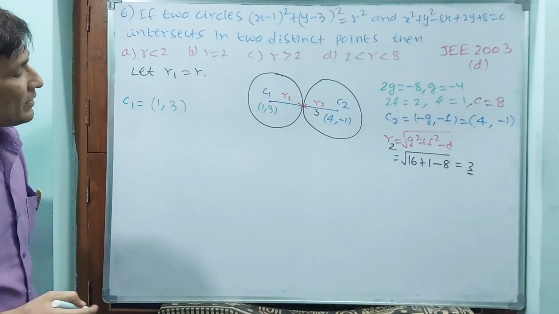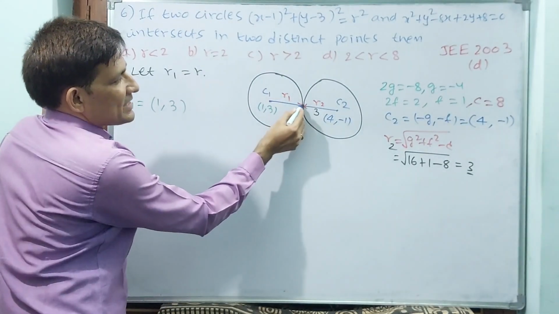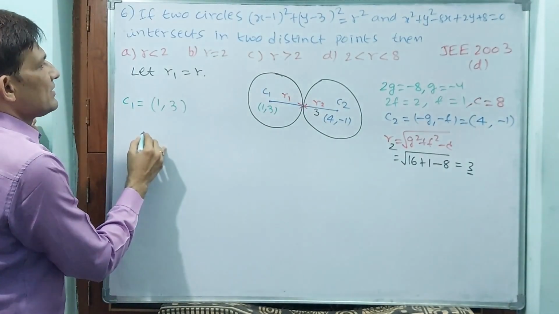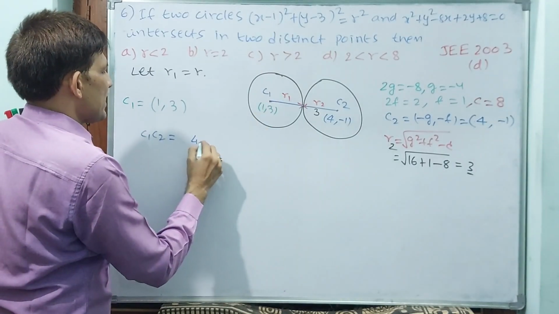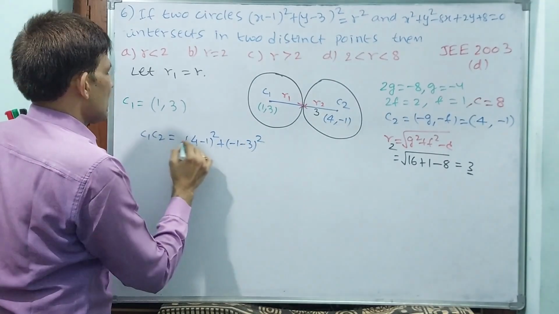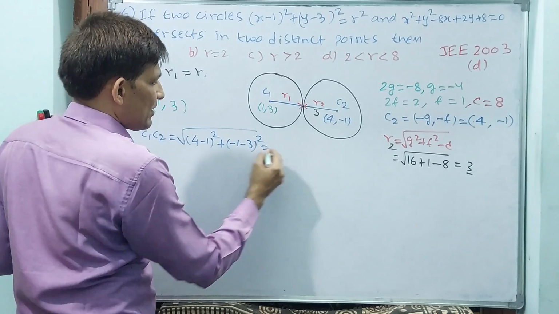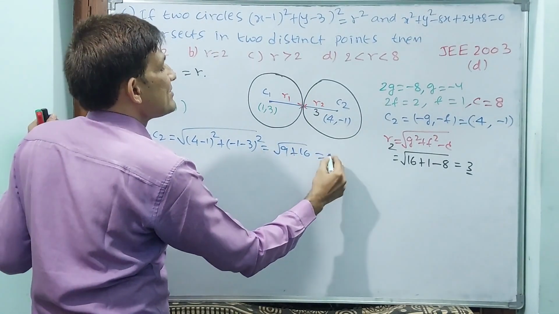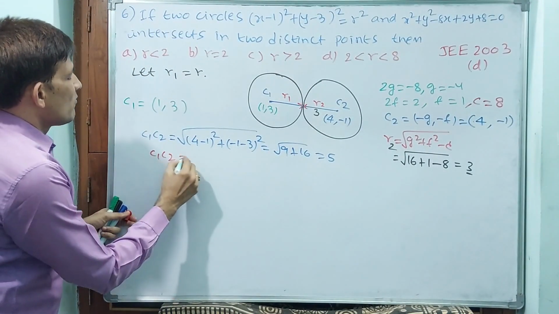Now, what I want to say: the circles touch at only one point. When you find C1C2, we can calculate this. C1C2 is the square root of (4 - 1)² + (-1 - 3)². 4 minus 1 is 3, so 9, and -4 squared is 16. The total is 25, root of that is 5. So C1C2 is equal to 5.